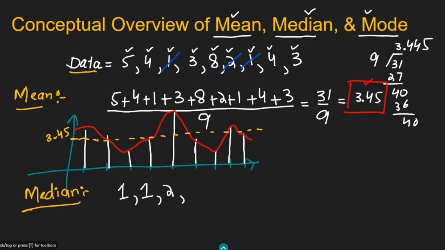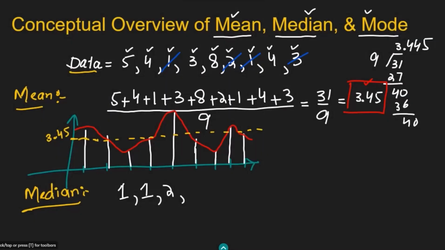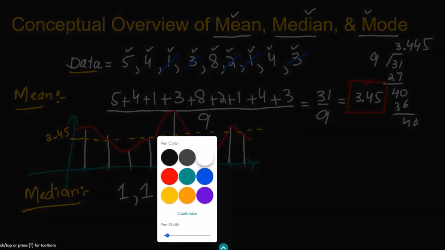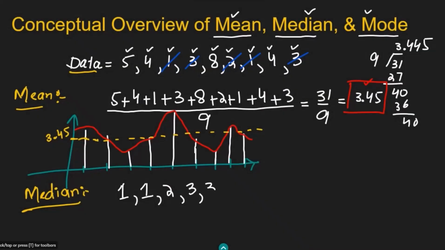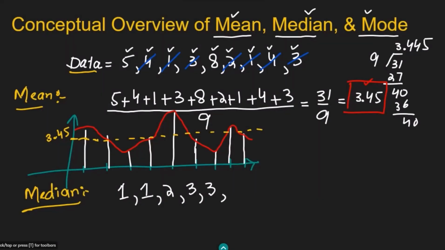After it, I will have 3, 3. And after it the other number is 4, so 2 4s here, so let me cross them. So here I will have 4, 4.